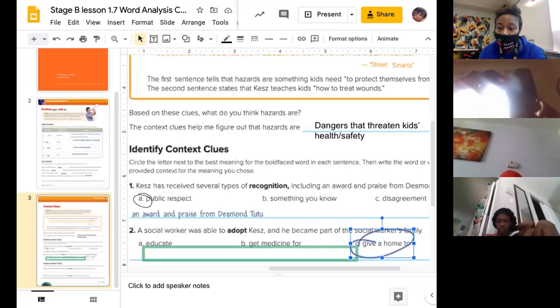Did you do the second part of the activity? Yeah. Okay, so what do you think? You said where you got it from? I got it from the paragraph, the article. What's the clue? You need to tell me what the clue is. What part of the sentence provided context that C was the correct answer?